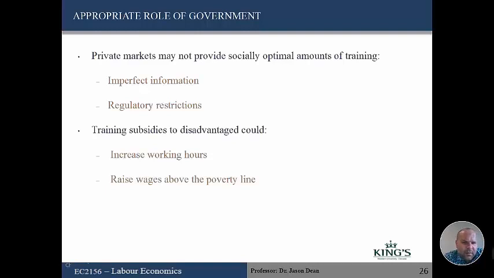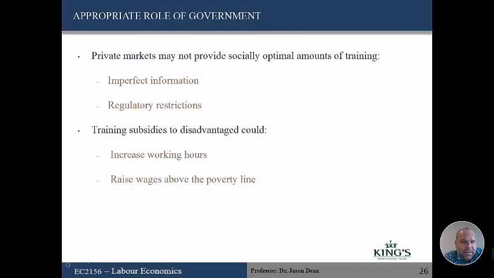But there are lots of other avenues too where training would be useful. People who are very poor, who can't afford to pay for education, well, there's a role for the government to provide free education, which could help increase their wages and their overall pay, and just their contribution to society overall.